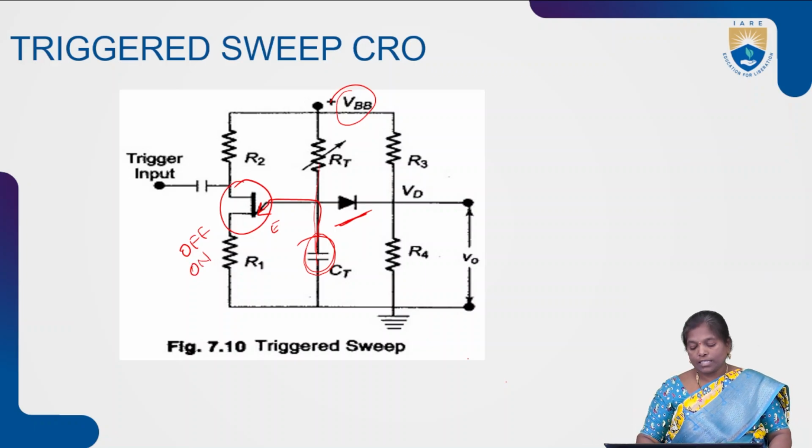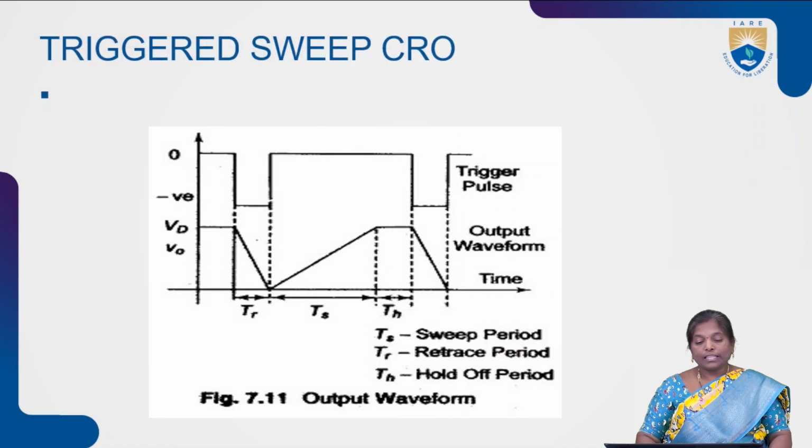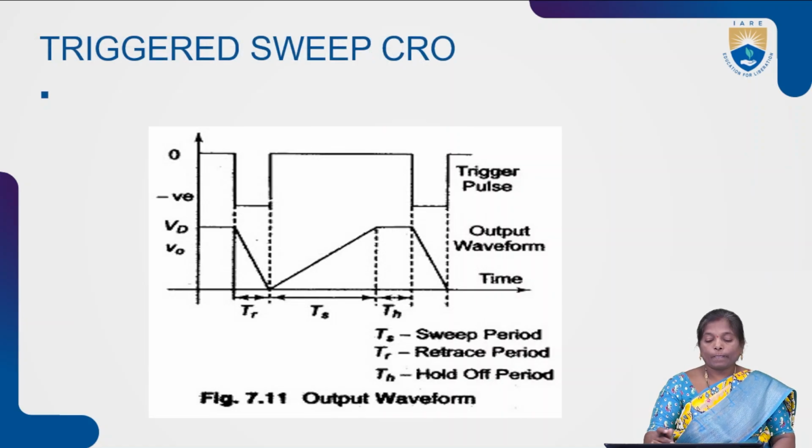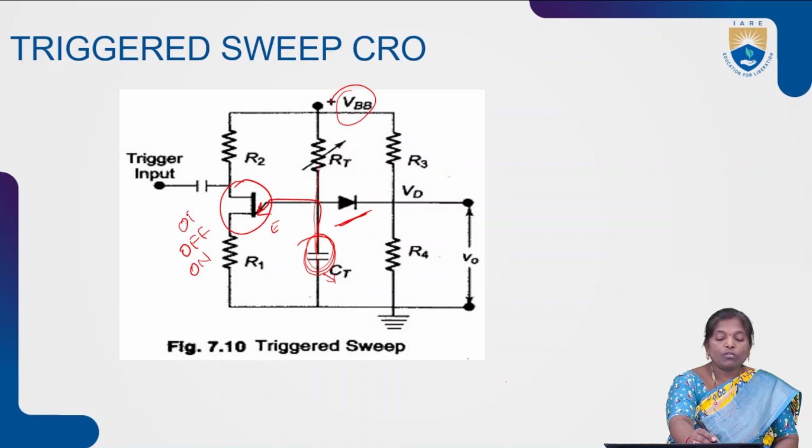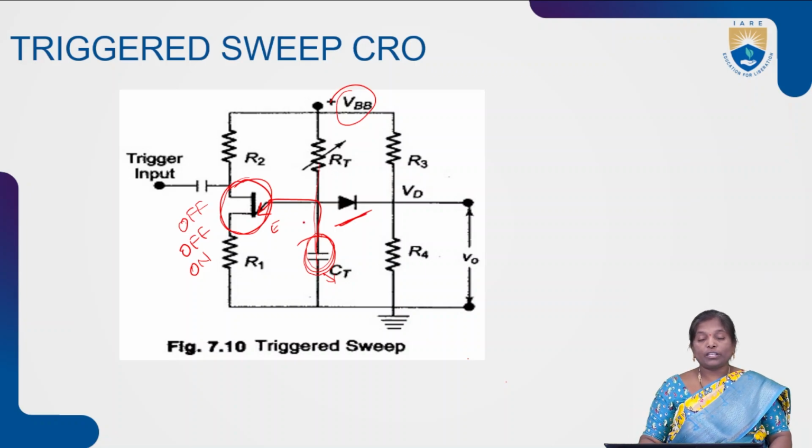Then the capacitor starts discharging, and when it discharges to a minimum value, the UJT is again in the off state.